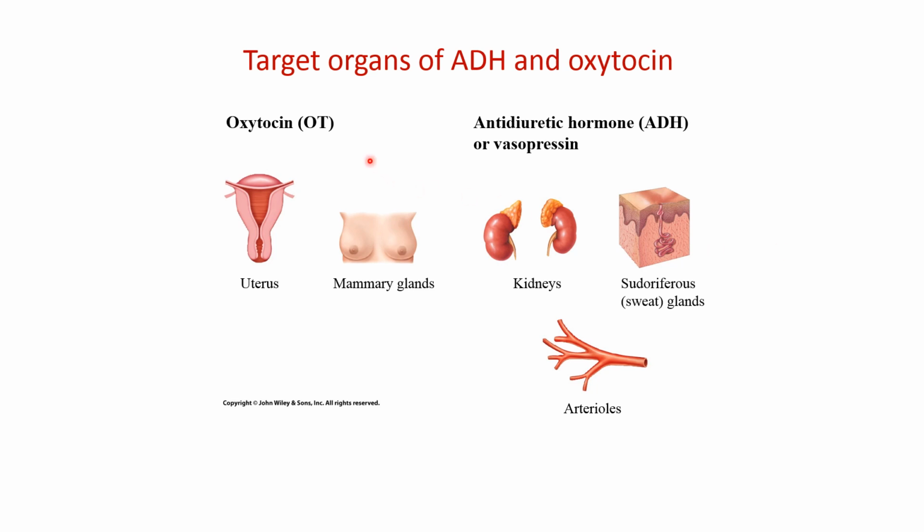Now these are the two hormones again. Oxytocin is mainly synthesized in the paraventricular nucleus, and ADH or vasopressin is synthesized in the supraoptic nucleus.